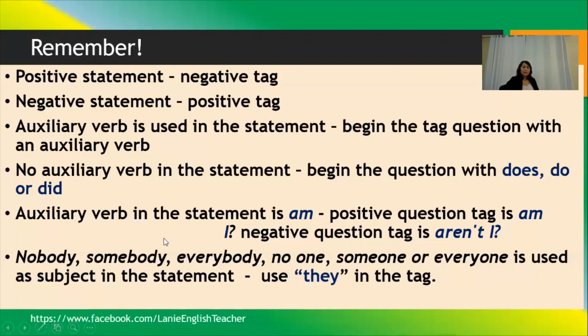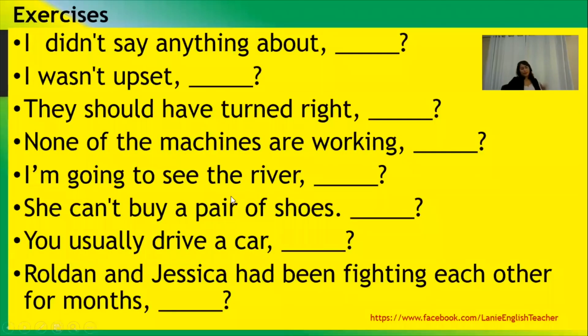If the auxiliary verb in the statement is am, the positive question tag is am I, and the negative question tag is aren't I. Now, in case words like nobody, somebody, everybody, no one, someone, or everyone are used as subject, use they in the tag. All right, let's do some exercises.